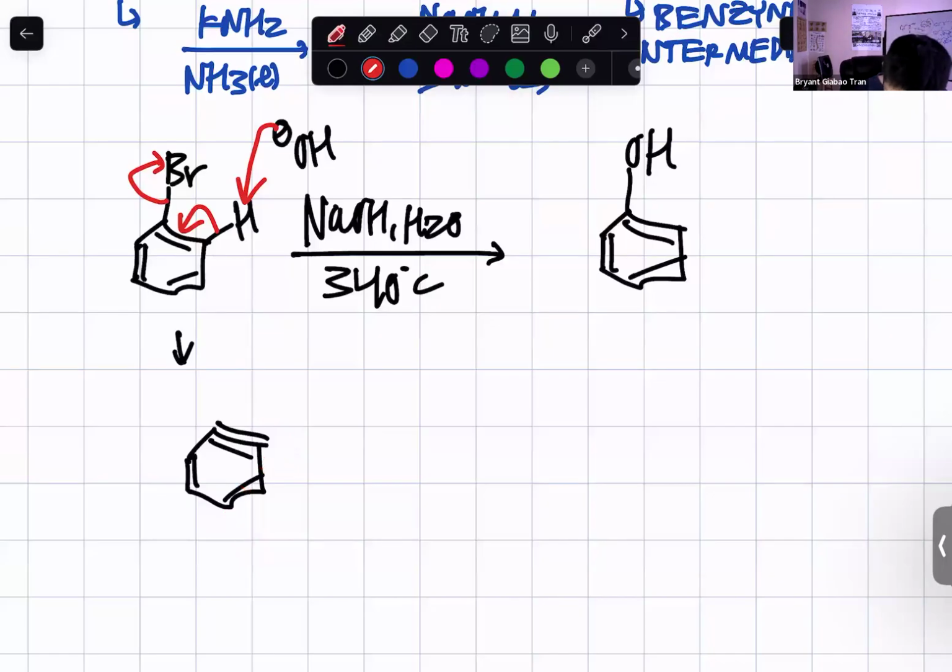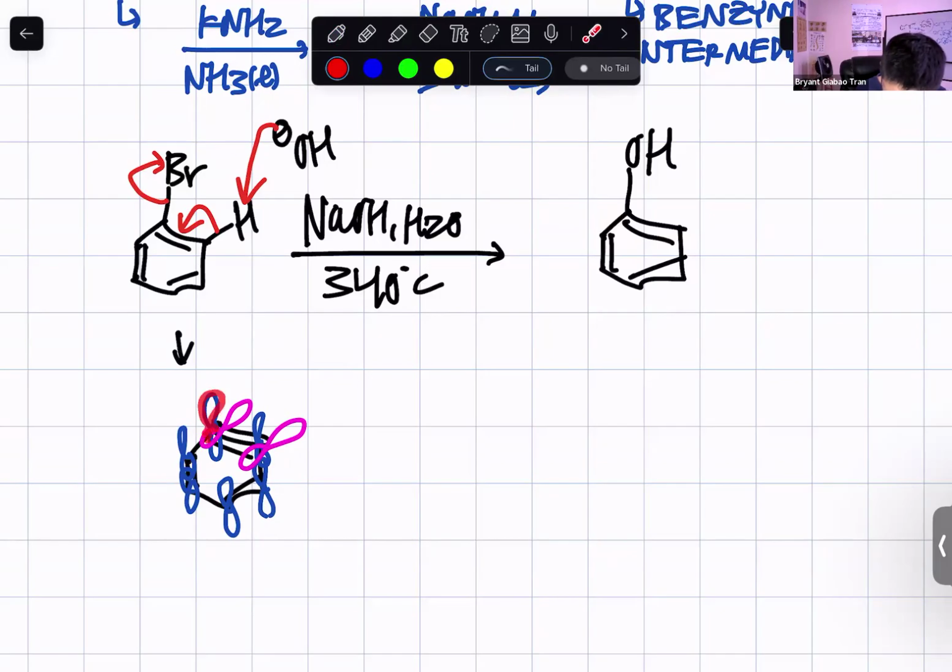Wait, hold on. Let's see this. This is a p orbital. Yeah, resonance should still be able to occur where the blue p orbitals that I just drew that are vertical and adjacent to each other, those are still parallel. So resonance should still occur here.